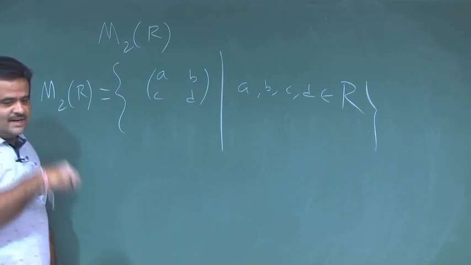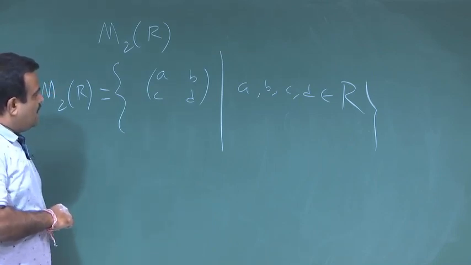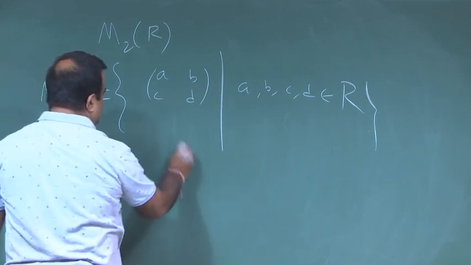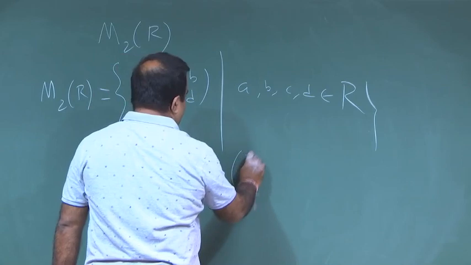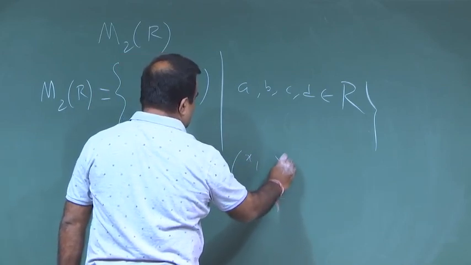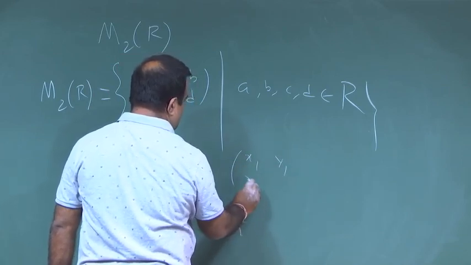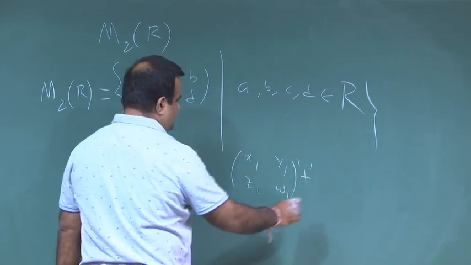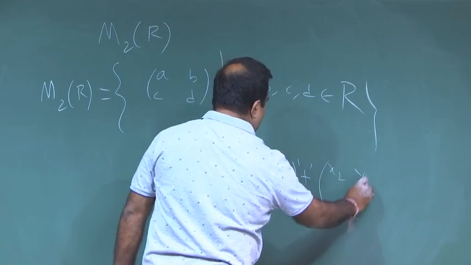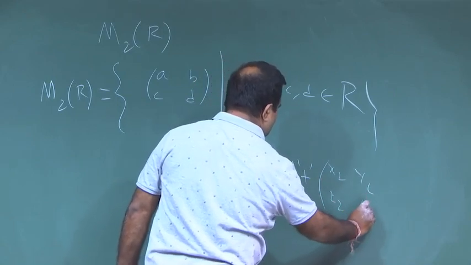Now, on this matrix set, if we define plus, we know how to define plus. We take x1, y1, z1, w1 plus, this is the matrix addition, x2, y2, z2, w2.